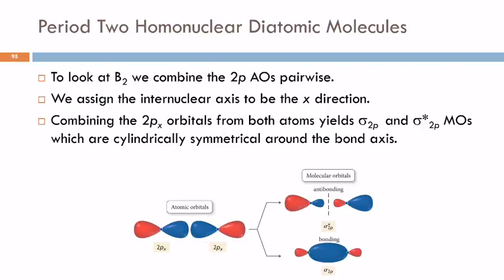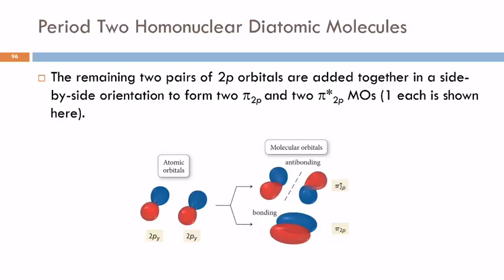So for the 2p x orbitals, those are aligned along the x-axis. They will run into each other end to end, right? The y orbitals, this is an attempt at perspective drawing, so those are sticking in and out of the plane of the screen. So in and out, and these can overlap, but they're going to overlap side to side.